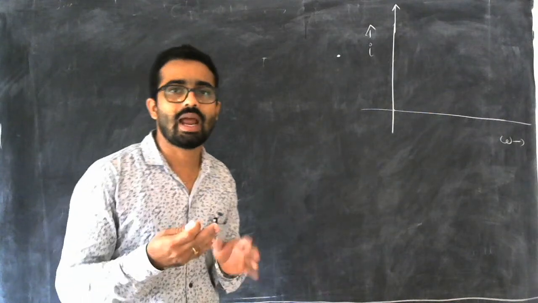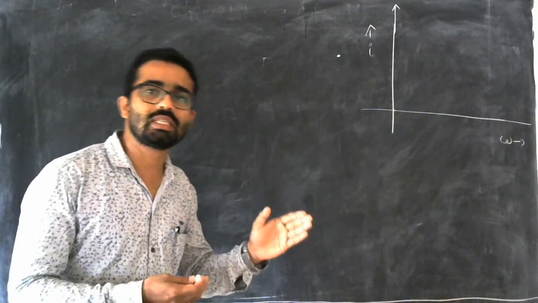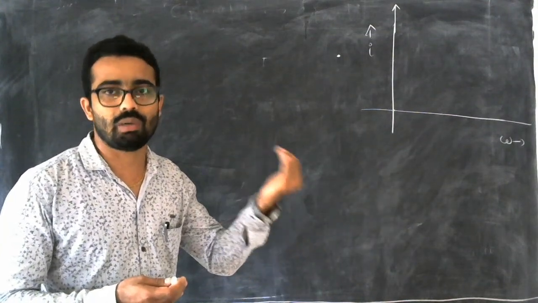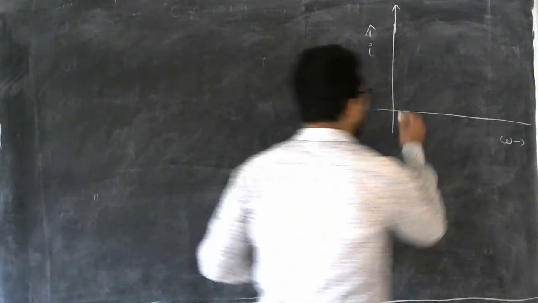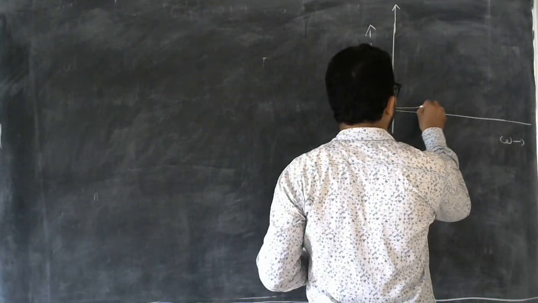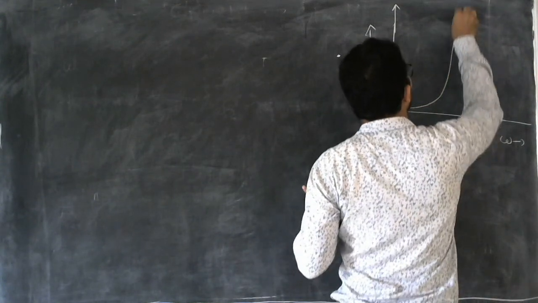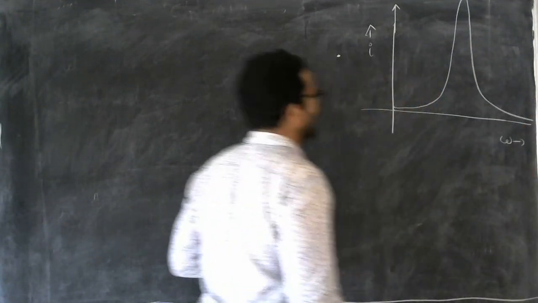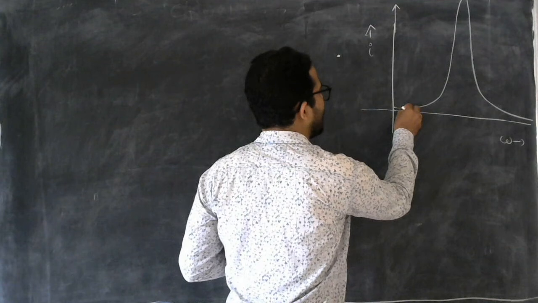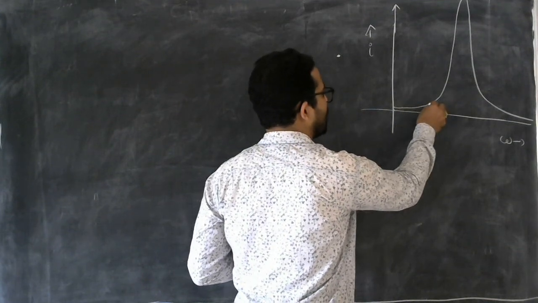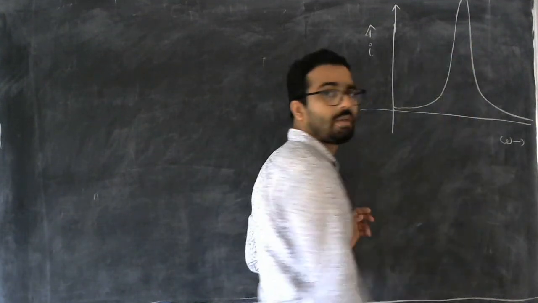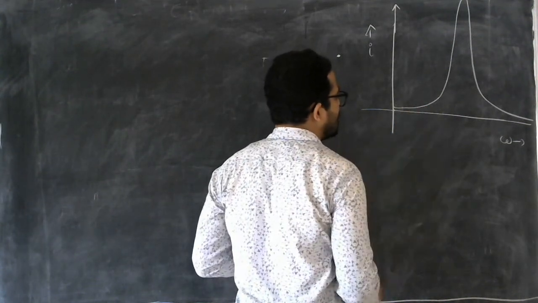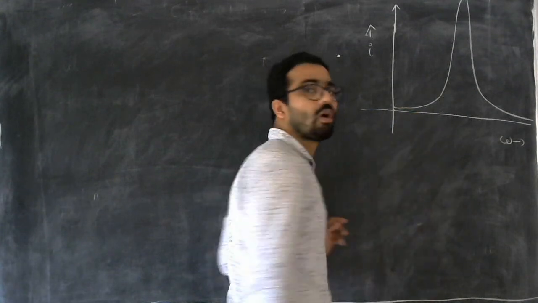In other words, at resonant frequency the current in the circuit will be maximum, and this happens when XC is equal to XL. See here, we can see different values of current, but at one point there is a maximum current. If I take a point along this graph, I can take many points, and we can write the corresponding values of omega also.